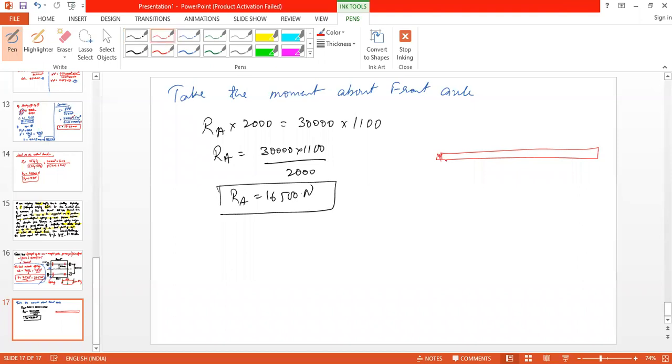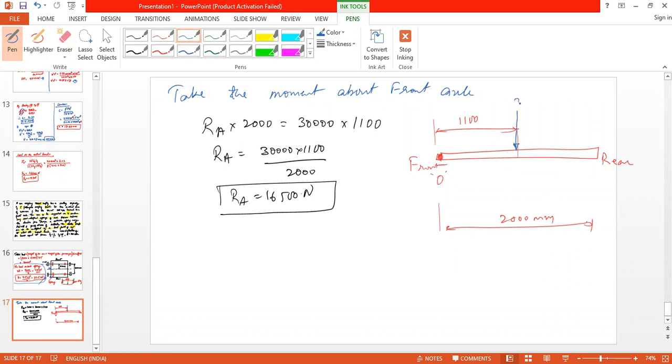The overall length is 2000, and the CG is at a distance of 1100. This is front and this is rear. If you want to take the moment about the front axle point, say this is O, how will you take the moment?